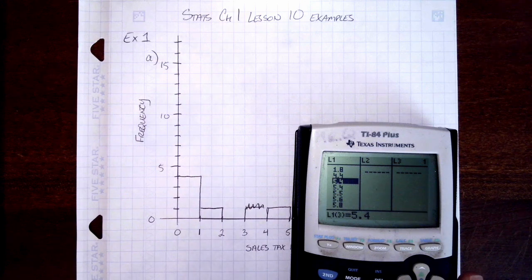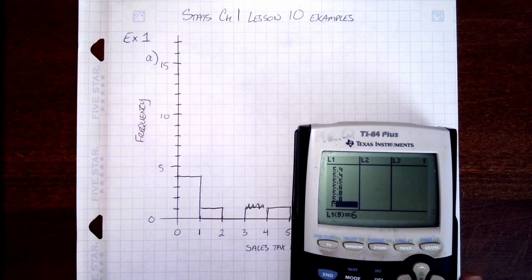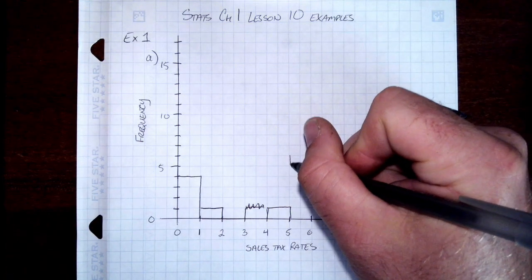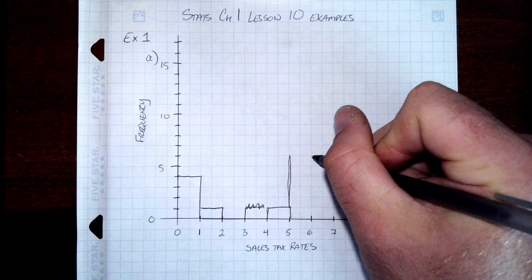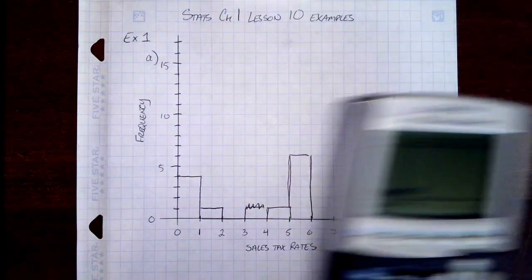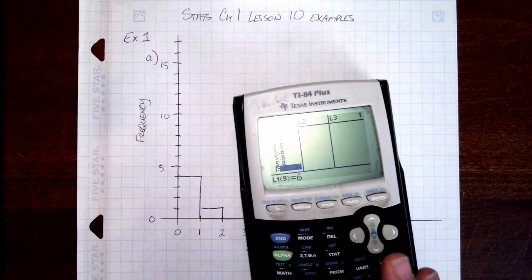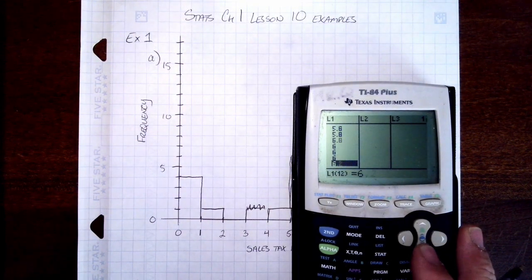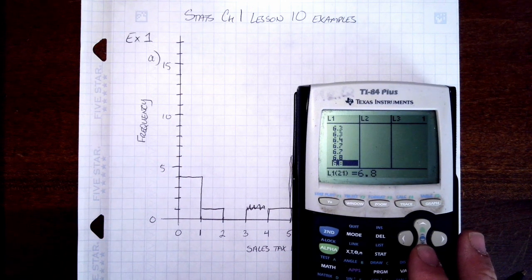5.4. So all my 5 numbers, I have 1, 2, 3, 4, 5, 6, 6 of those. All of my 6 numbers, my 6% sales taxes and higher, 6 up to almost 7.